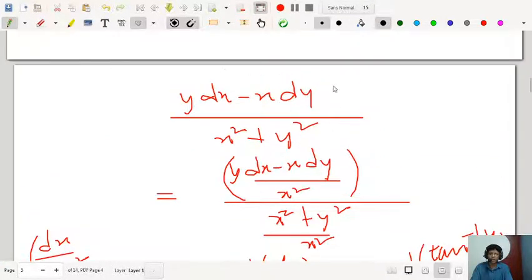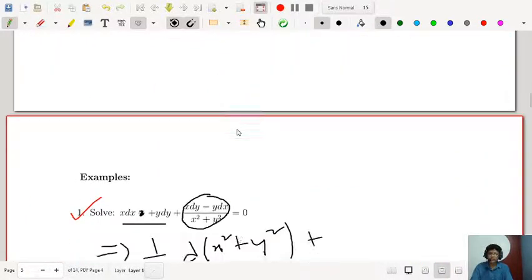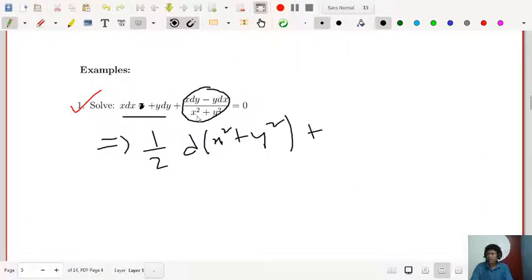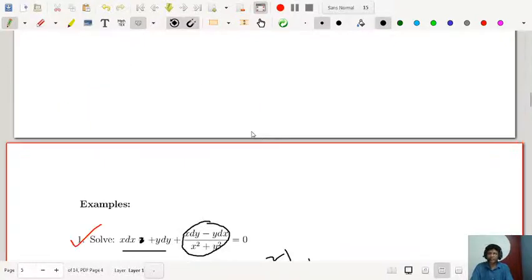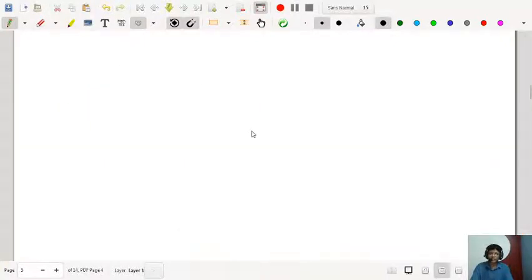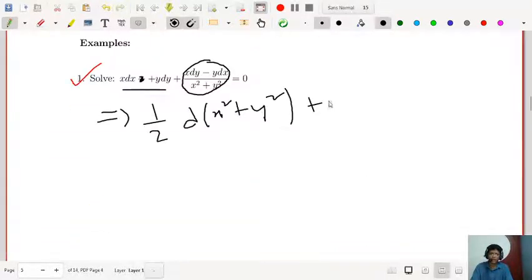This is the expression y dx minus x dy by x square plus y square, or x dy minus y dx by x square plus y square, and this can be written as d of tan inverse y by x, equal to 0.